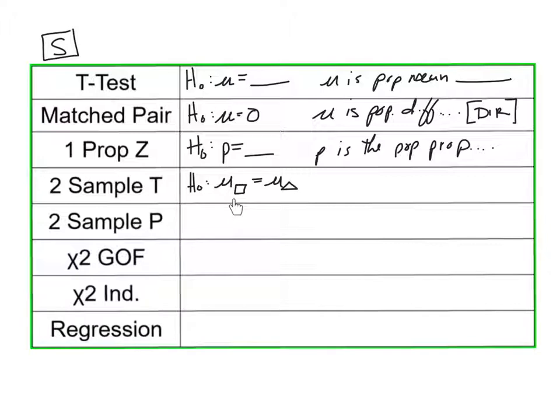We say the mean golden retriever is equal to the mean schnauzer, something like that. The mean man equal to the mean woman. The mean boy equal to the mean girl, whatever. So we don't need to define our parameters for that. All right, so for the null for proportions, same type of thing.